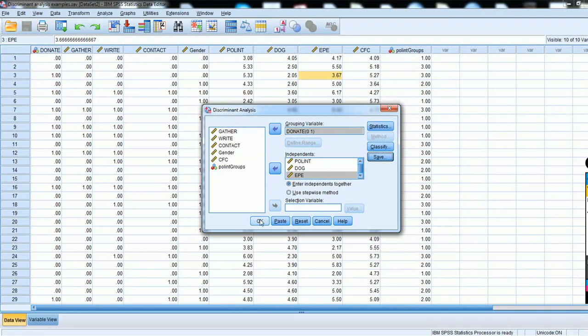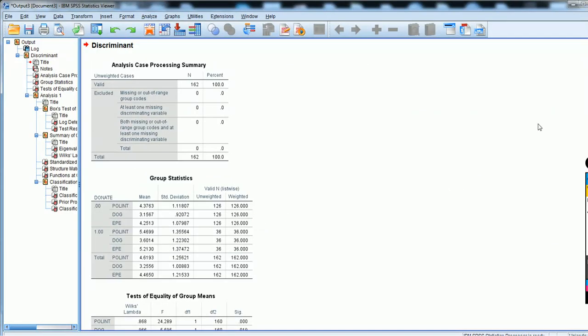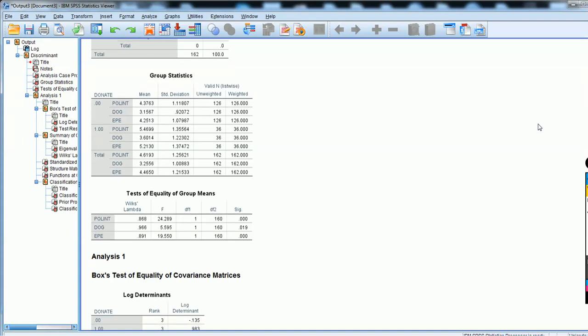So now I'm going to click on OK, and here's my output. As I scroll down, you can see right here I've got my group 0 and group 1. I've got the means associated with each of my DVs in group 0 and group 1, and then standard deviations and so forth.